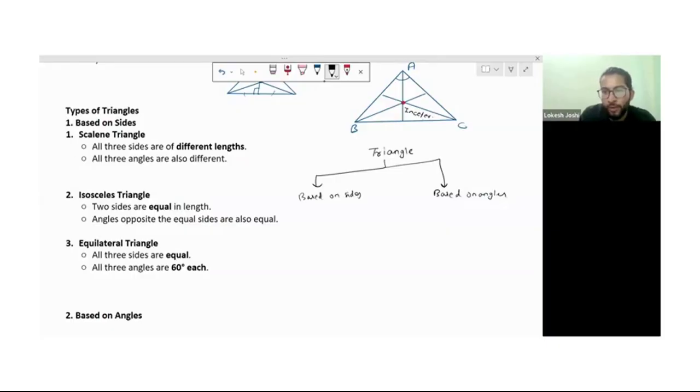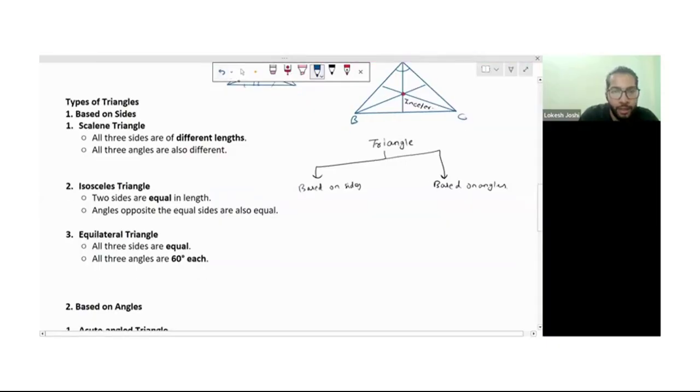Okay, and based on sides, there are three criteria by which we can classify our triangles. First one is scalene, then isosceles, and equilateral. Now for a scalene triangle, it's written that all three sides are of different length. Suppose I have made a triangle. I'm drawing it just in front of you.